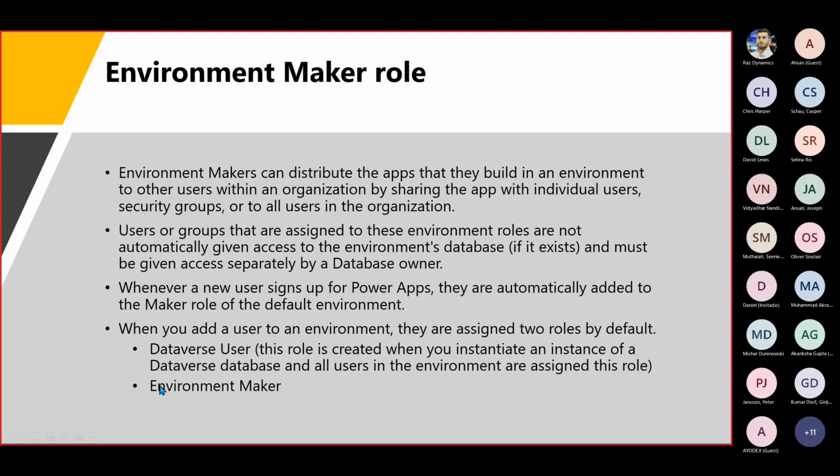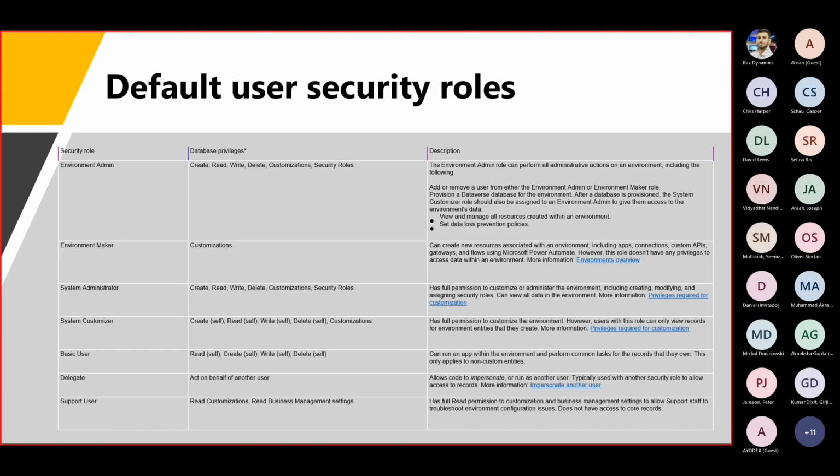For any user you add to an environment, two roles are assigned to them: Dataverse user and environment maker. There is a huge security role table provided in the official Microsoft documentation, so take it from there. These are the different security roles: environment admin, environment maker, system administrator, system customizer, basic user, delegate, and support user.